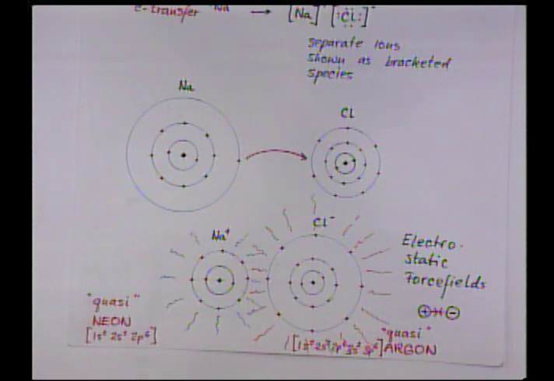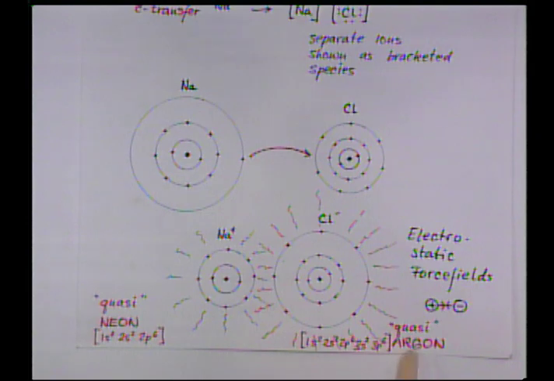That means sodium didn't become neon, but the electron shell is equivalent to neon, a noble gas. And chlorine, having now still its 3 shells, sodium lost a shell, remember, then it becomes a quasi-argon. Quasi means sort of an argon. But we know that it's just as far as the electron shell where the similarity goes.